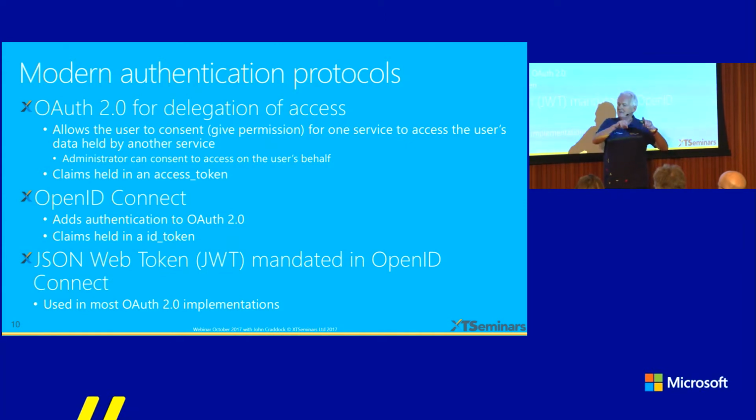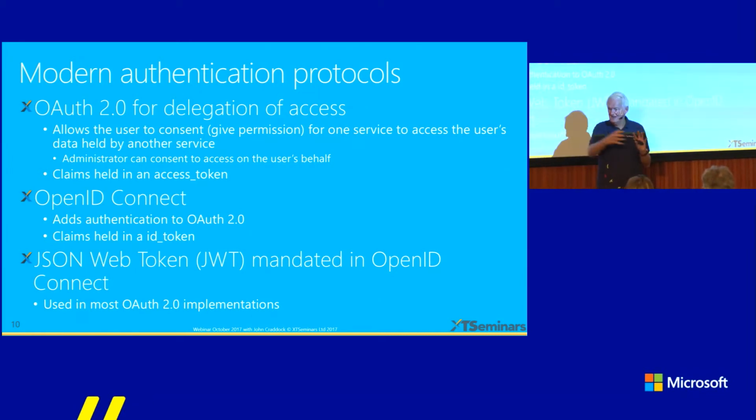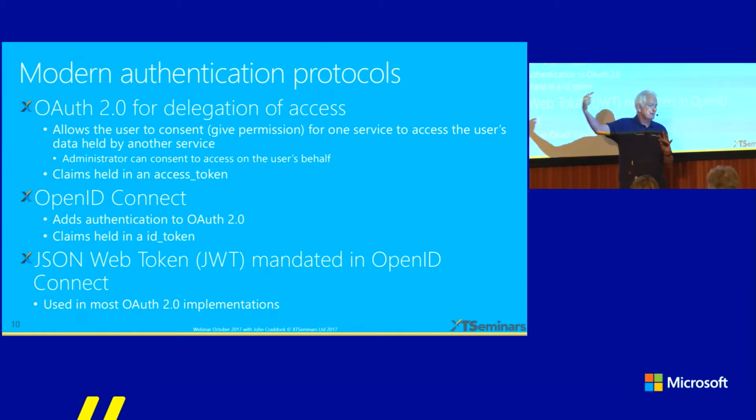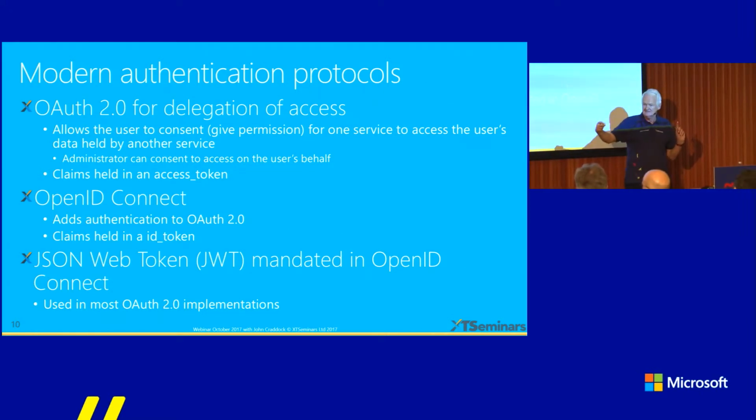So let's take our web API. Sorry, not our web API, our web server. There's our web server. Knock on the front door. Okay, this guy is going to prove identity to him. What he'll do is he will use OpenID Connect as the protocol and supply an ID token. And then when this guy goes from himself to the back-end web API, he will be using an access token.